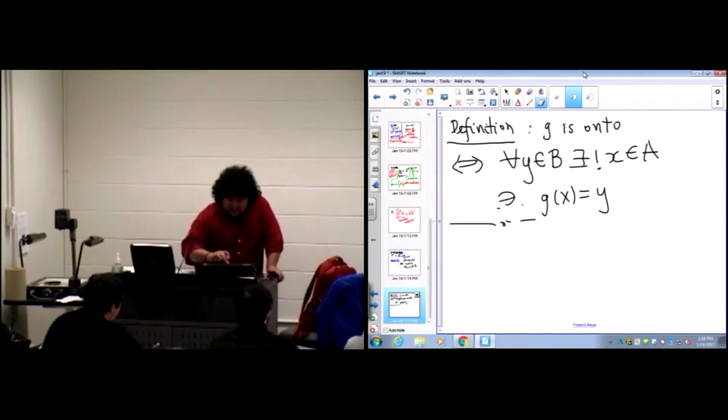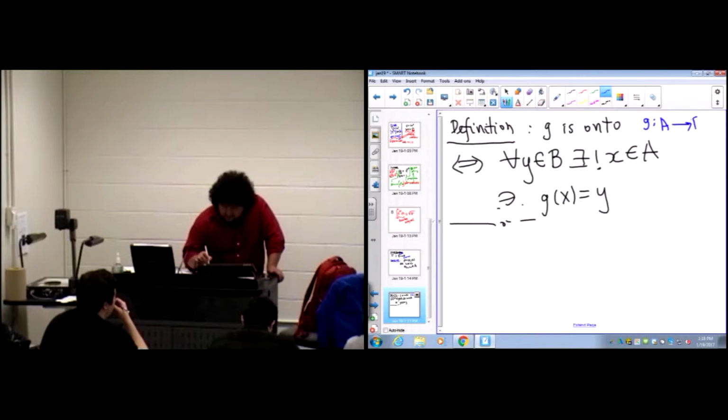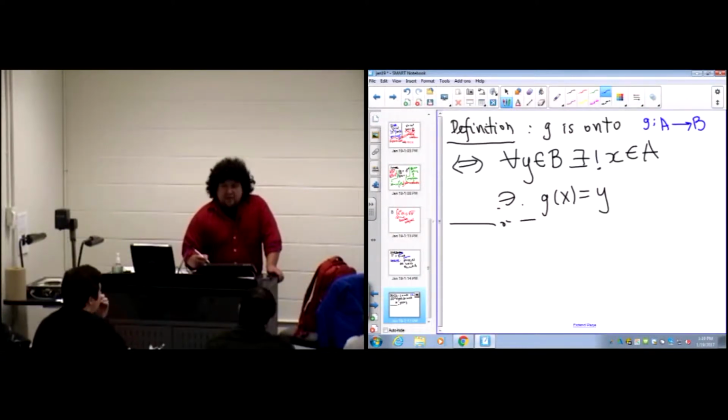So being surjective or being onto means that, remember, we are saying that g maps A into B. So A is the domain of g. So we're going to say, okay, now choose an arbitrary member of B. Choose an element of that set, the codomain.